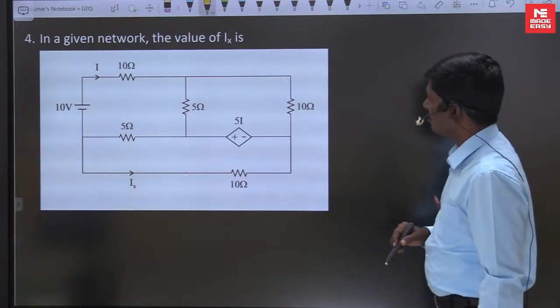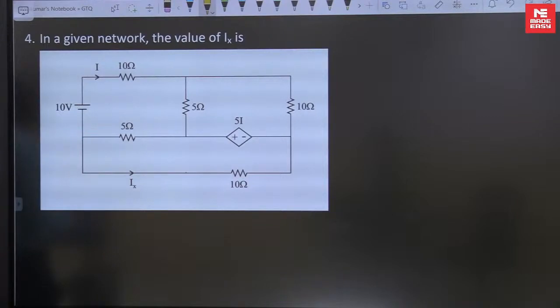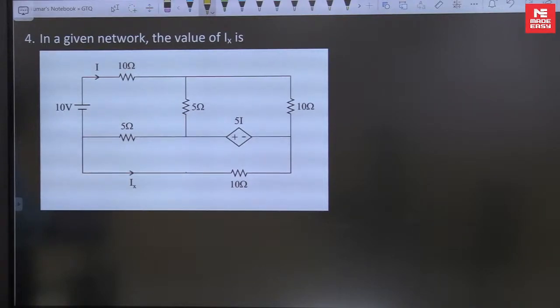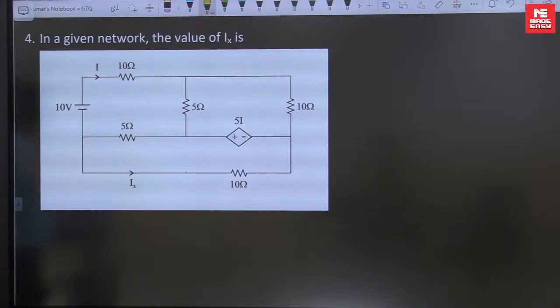Just check your internet connection. Come on.